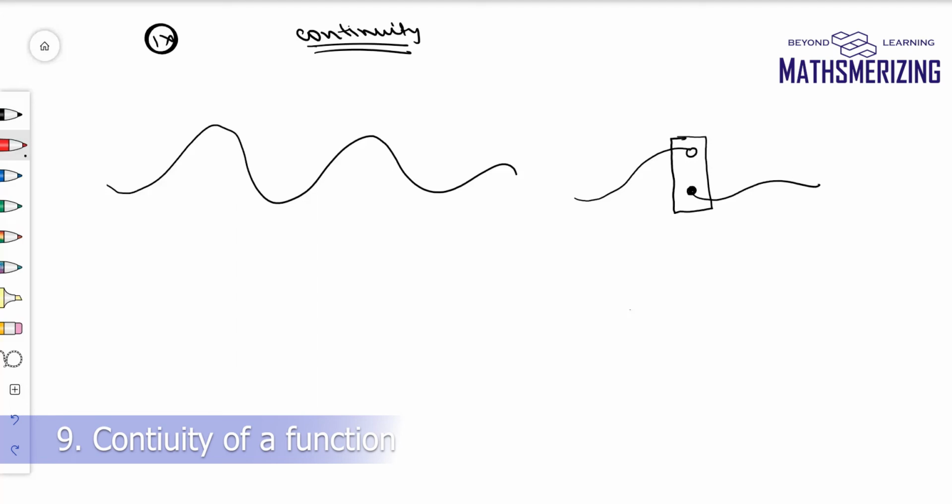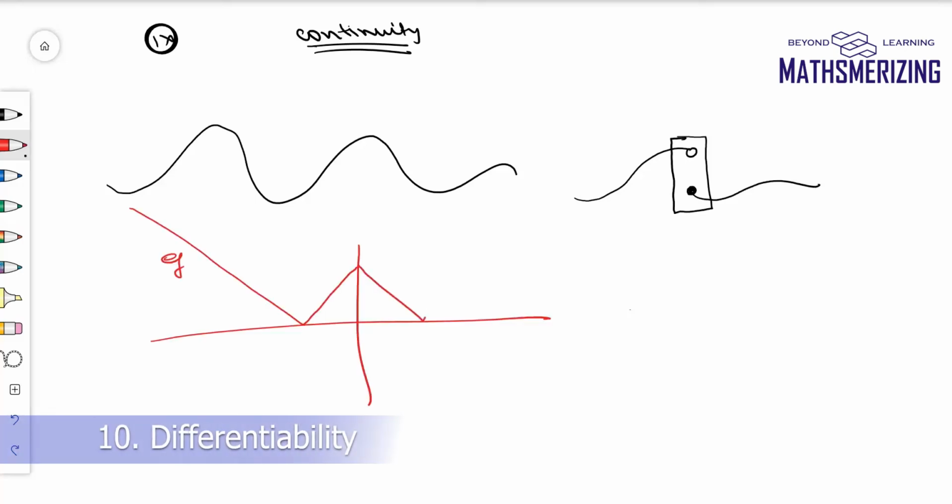In order to decide whether the function is continuous or discontinuous, all you need to do is draw the graph, and if while drawing the graph my pen lifts, then the function is discontinuous at that point. And if I don't need to lift my pen, then the function is continuous. Say for example, this function f is defined from R to R.